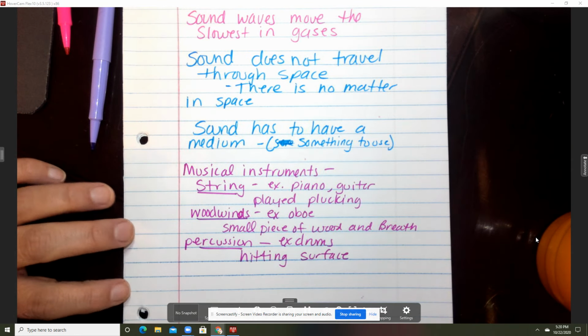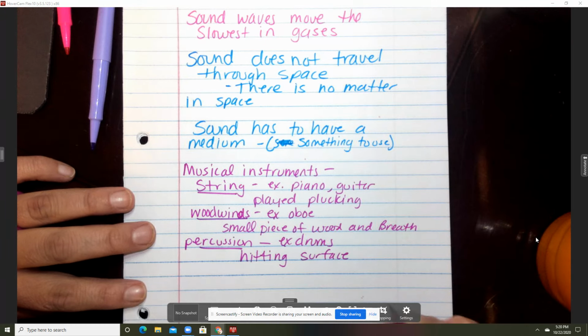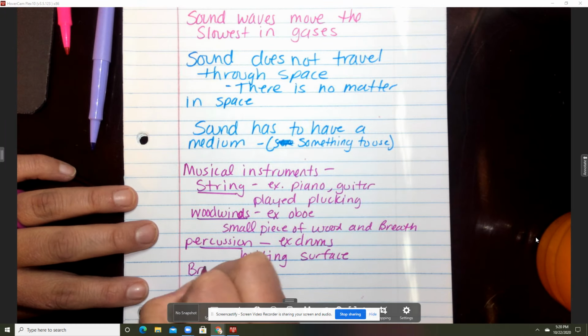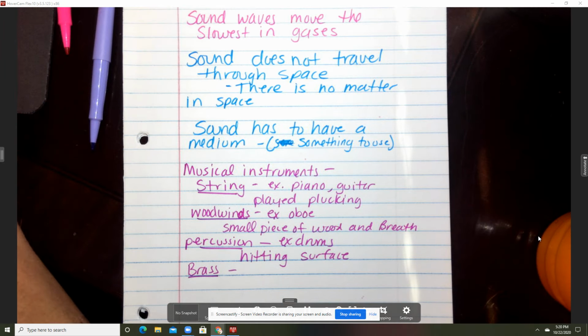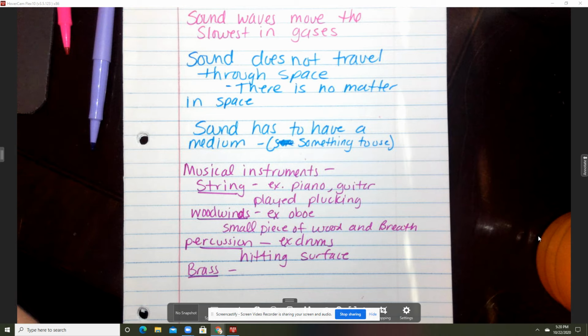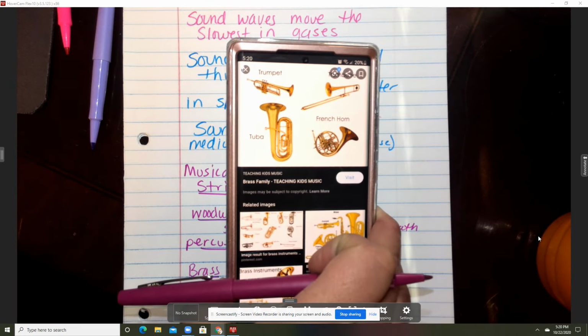Okay, and then the last one is brass. Brass instruments are things like a trombone, a trumpet.